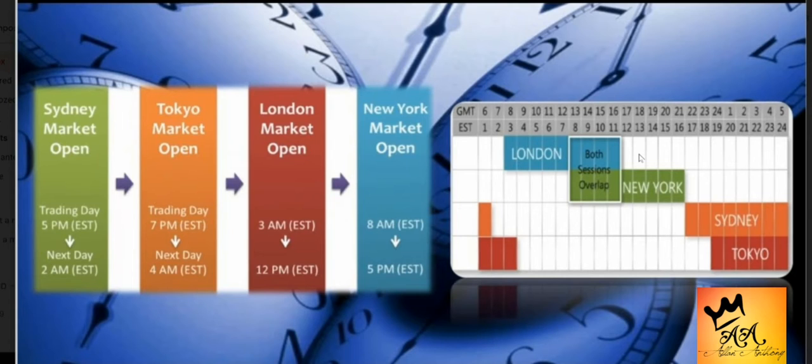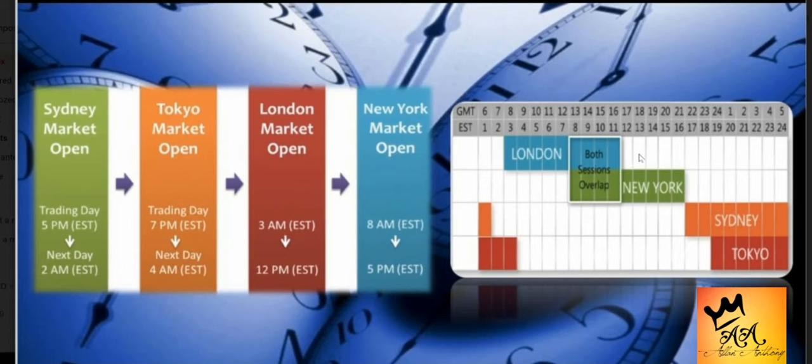All right. So basically, with these 4 sessions that go on every single day, once again, you have the London session, the New York session, the Sydney session, and you have the Tokyo session. So there are times when each session overlaps.